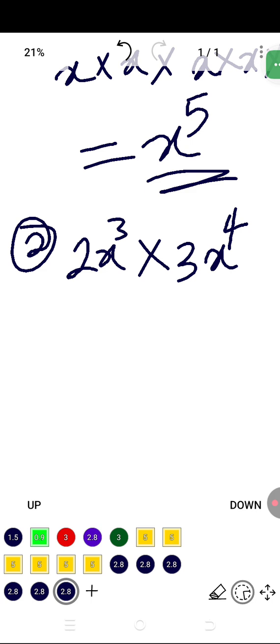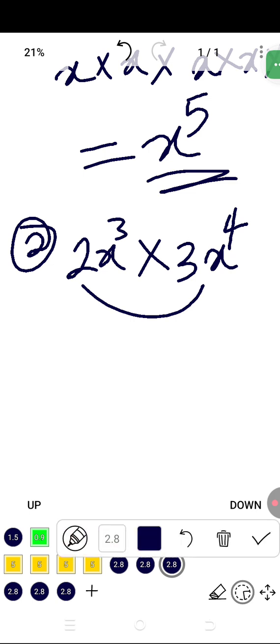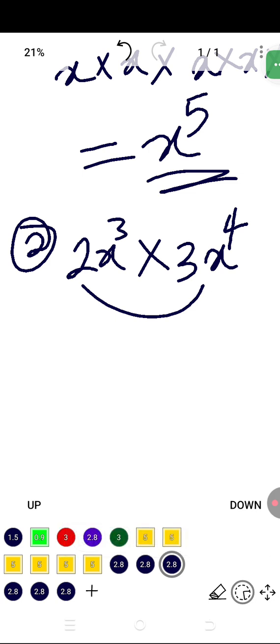In this we see that the x is having some attachment. x is the base, and 3 and 4 are the powers. But you see that they are having some attachment. What do you do to those coefficients? So x here is having a coefficient of 2, then on the other side, a coefficient of 3. What you simply do is to multiply the coefficients, that is 2 times 3, which will give you 6.